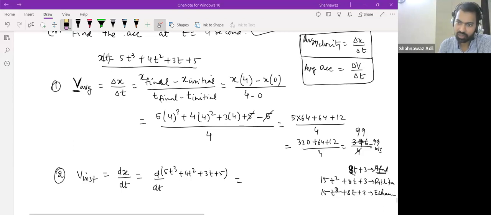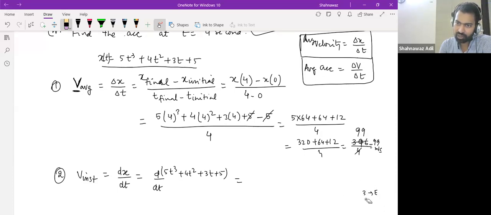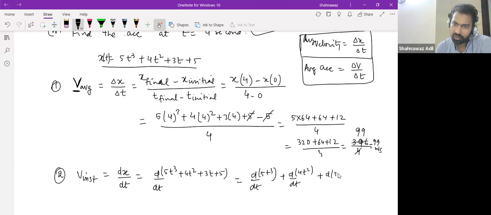So let us solve this question. So yeah, you guys are correct. Good, Afaf, Rishita, and Amna, you guys are correct. Because we can't deny or negate the majority, right? So d by dt of 5t plus d by dt of 4t square plus d by dt of 3t plus d by dt of 5, which is constant, so this is 0.